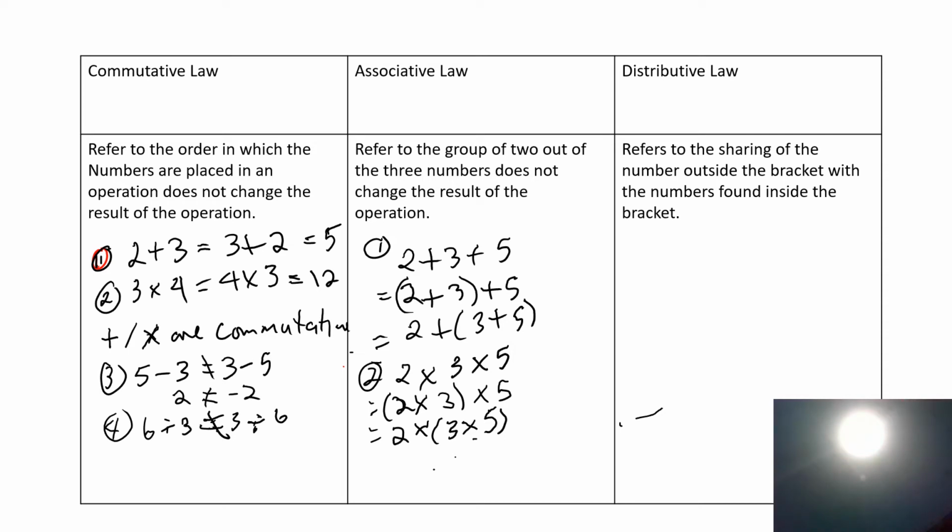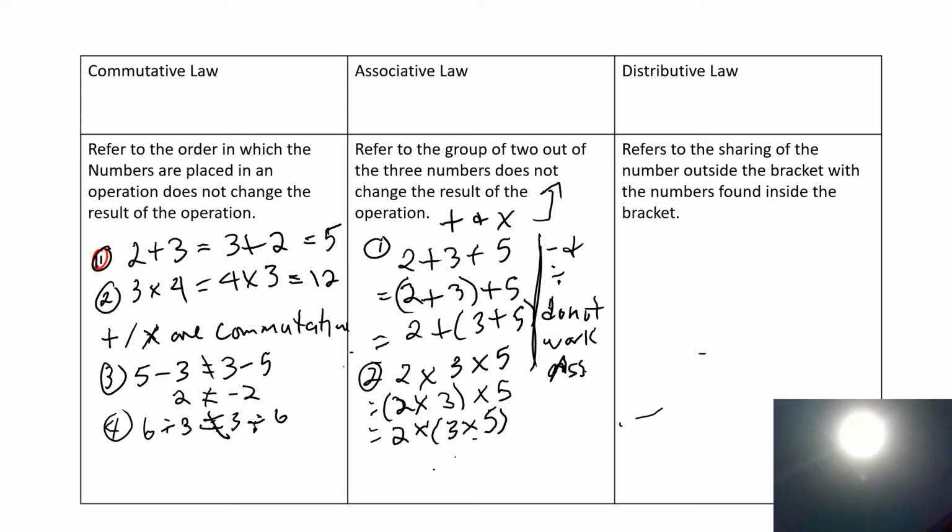Remember, since associative law is an extension of commutative law, similarly addition and multiplication are associative. But since subtraction and division do not work for commutative, they do not work for associative either. Okay, so it's only an extension.